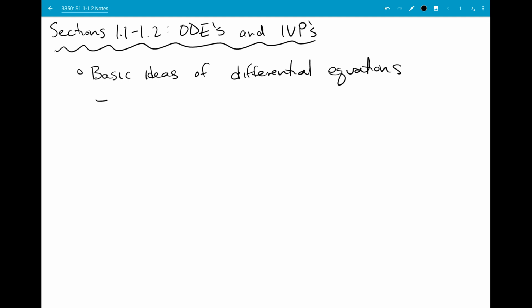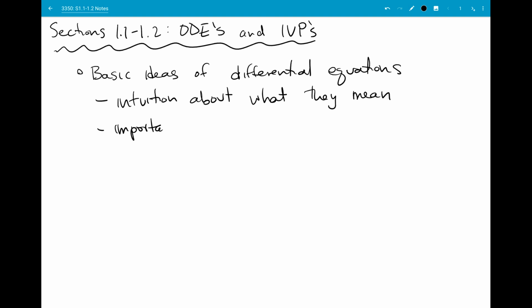What that's going to include is intuition about what these mean, and then important vocabulary for talking about them.